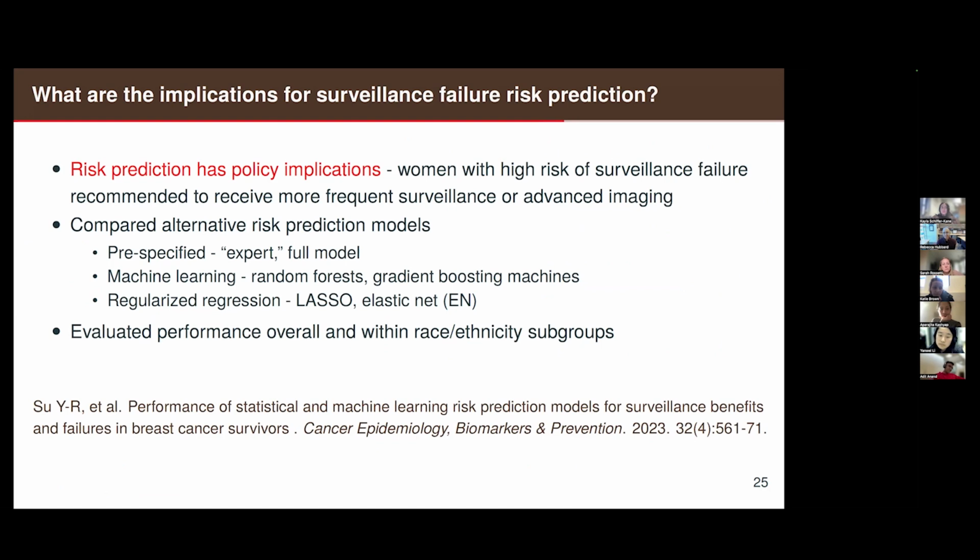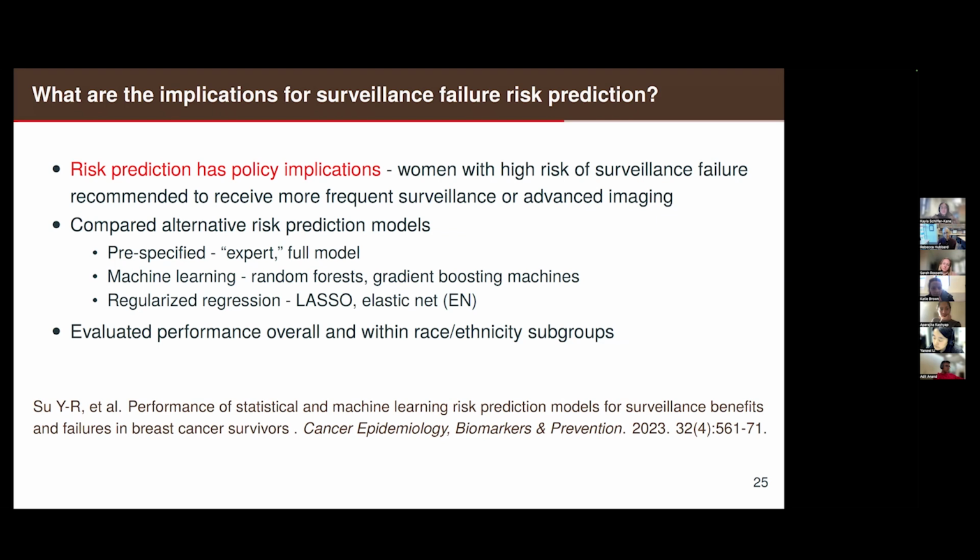The reason I think this is really important is that developing these personalized risk prediction models has almost immediate policy implications. So with the Breast Cancer Surveillance Consortium, we were interested in identifying women who are at high risk for having a second cancer missed by mammography.